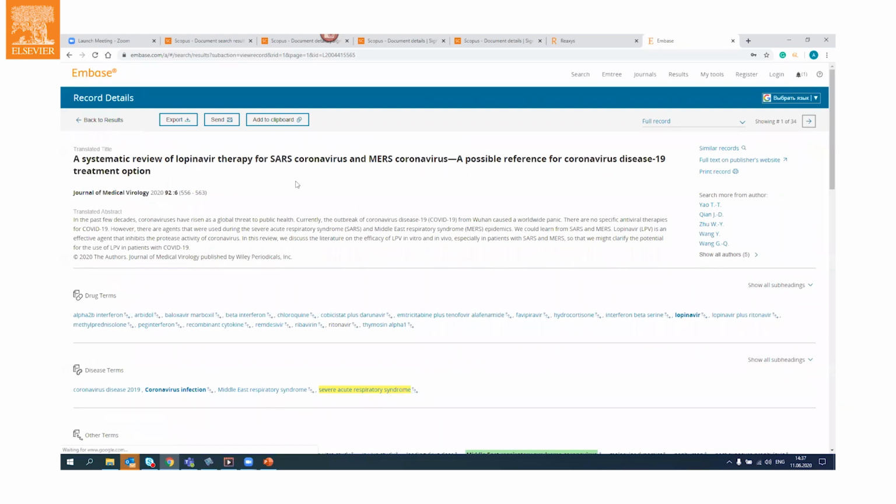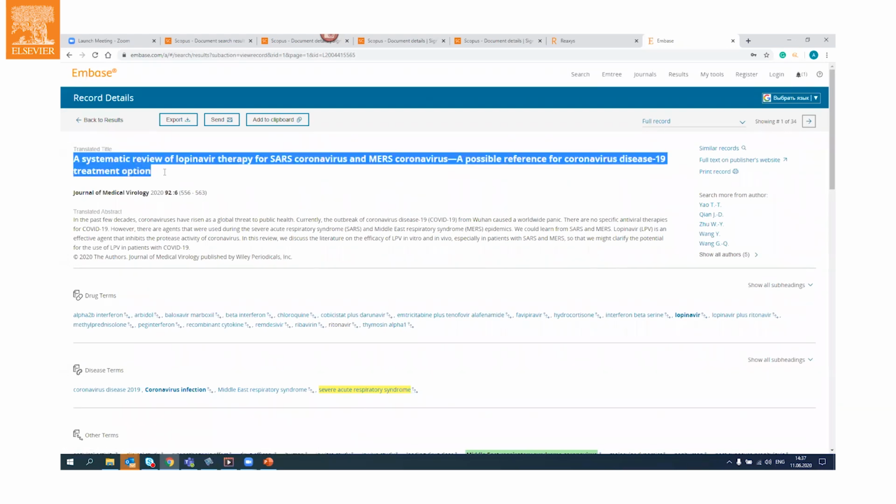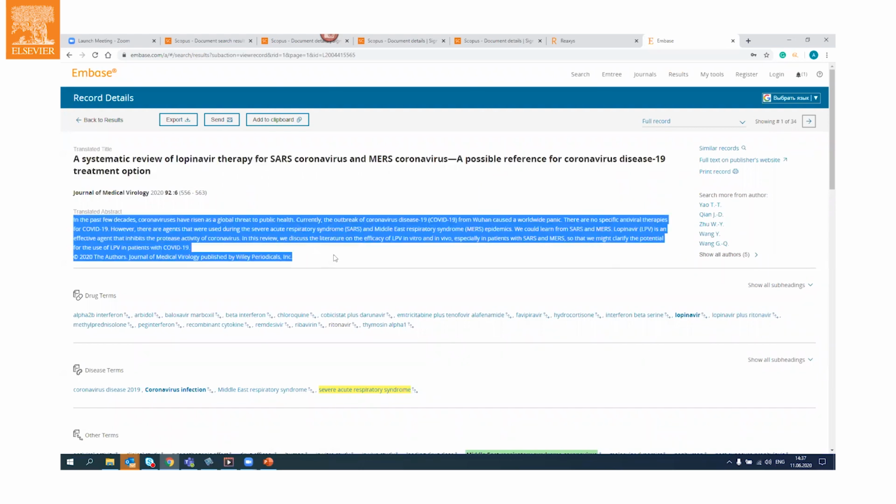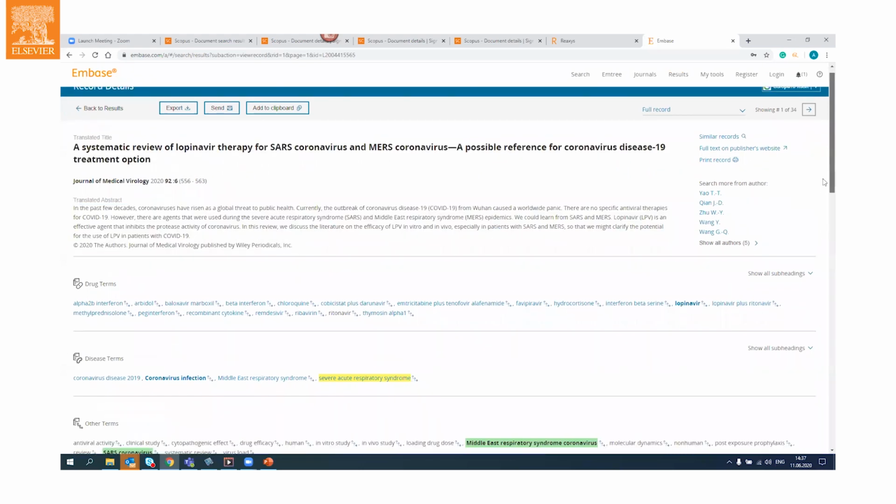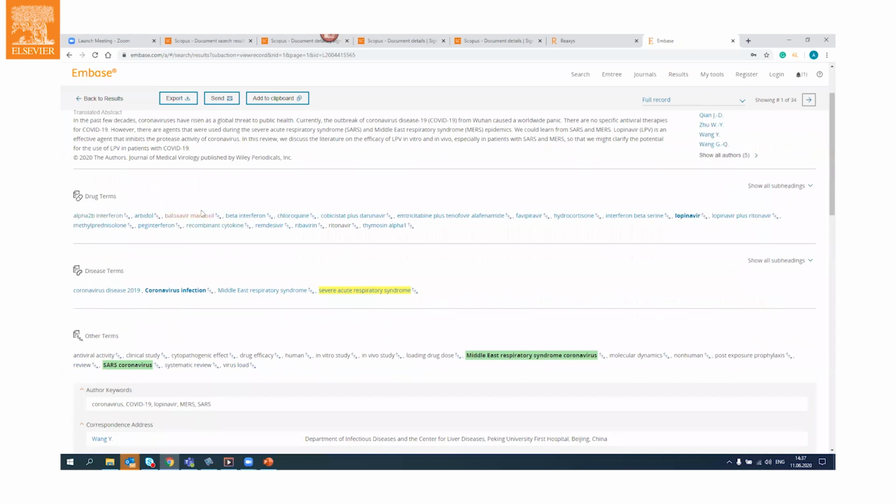So when you click on the article from Embase, you can see the title, the abstract, drugs discussed in the article, diseases discussed in the article, and also other terms.